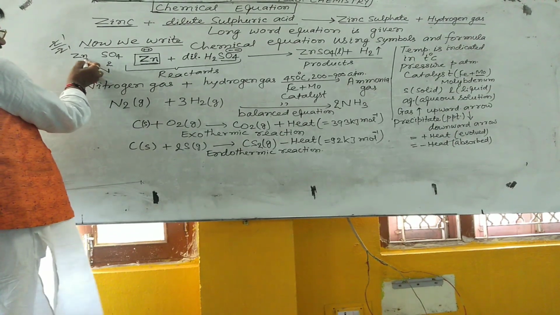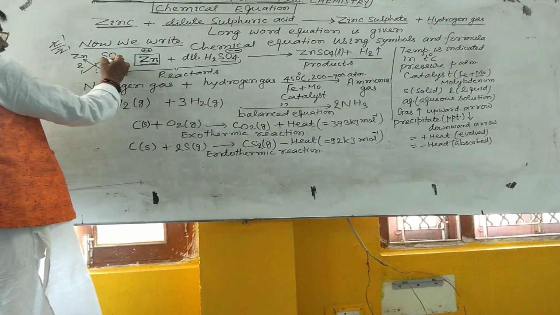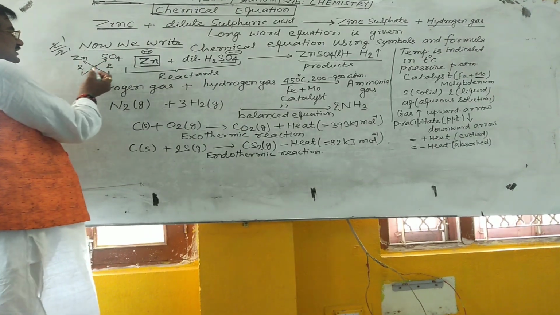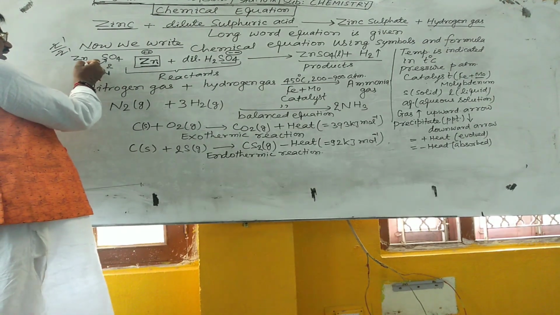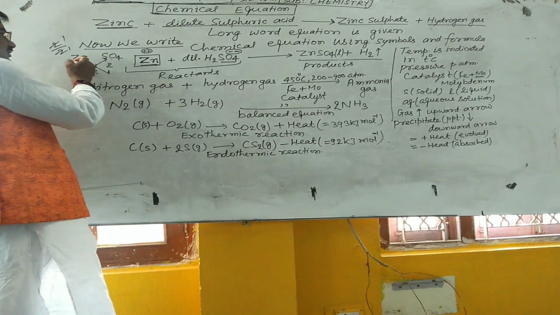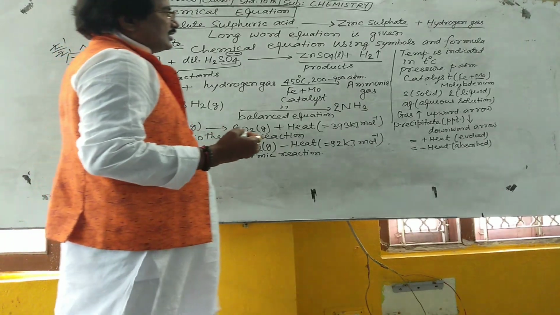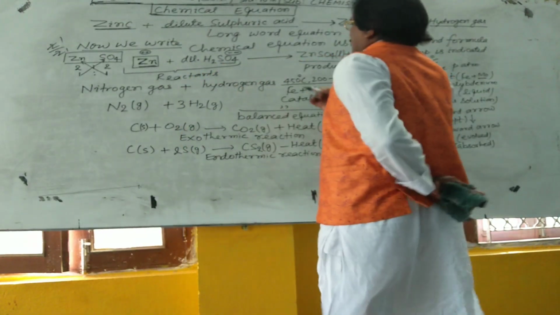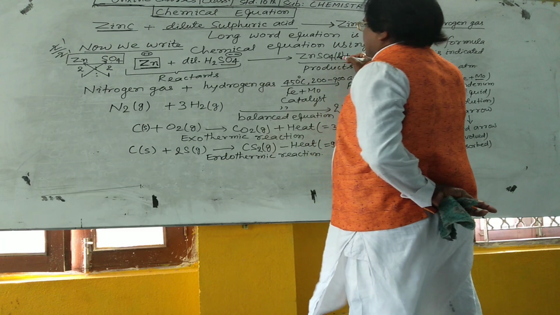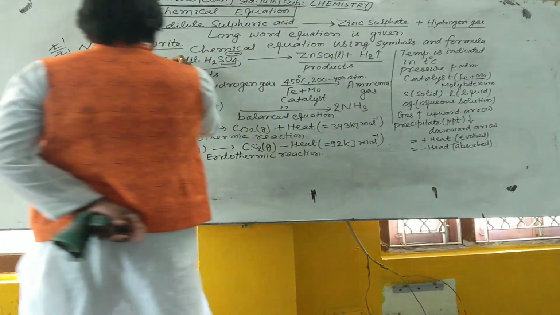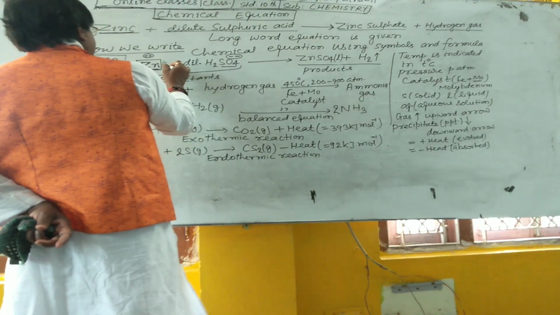Then exchange their valencies. Elements or radicals exchange their valency to formulate. Now Zn gets 1 and SO4 also gets 1, so the formula will be ZnSO4. And ZnSO4 is a liquid, so it is denoted by l. Zn is solid, it is denoted like s.